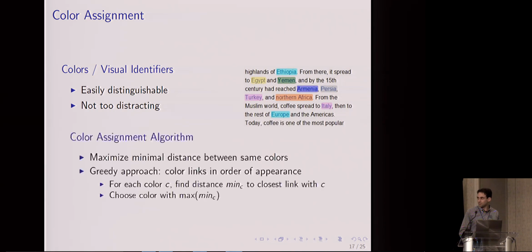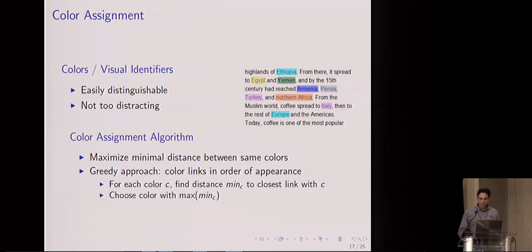And another thing that we want to do when assigning the colors to links, deciding which target should have which color, is assign them in a way that minimizes inadvertent clicks. And we do that by maximizing the minimal distance between the same color. So basically, the same color, like here, cyan there, pink here, pink there. You want to keep them apart as much as possible so you can't accidentally confuse them.